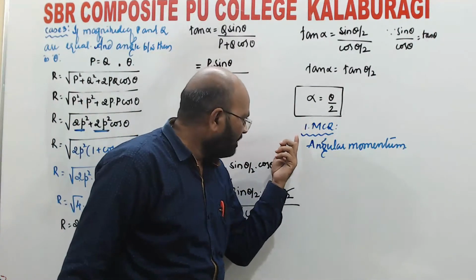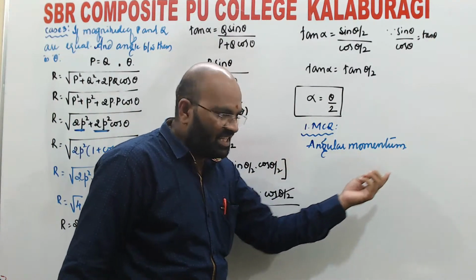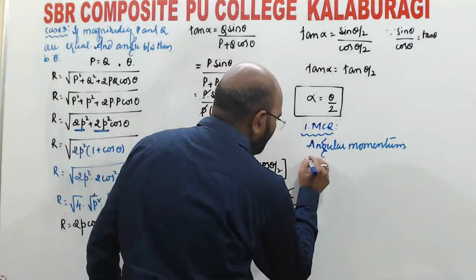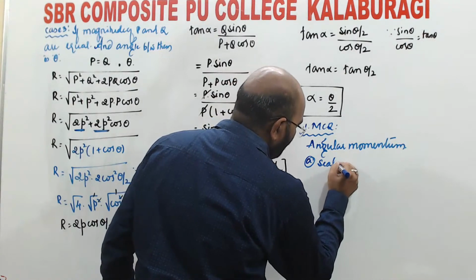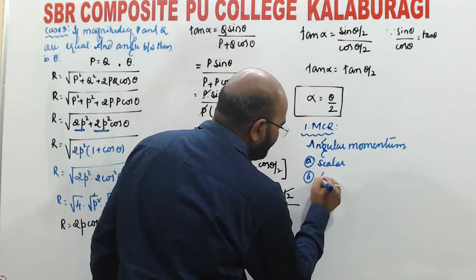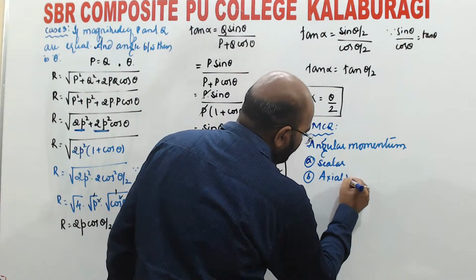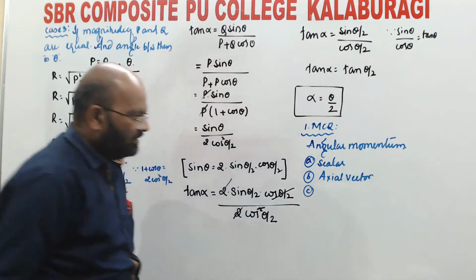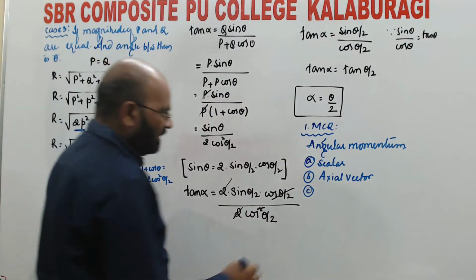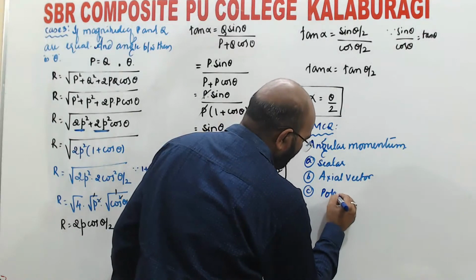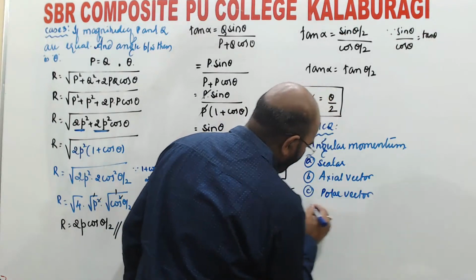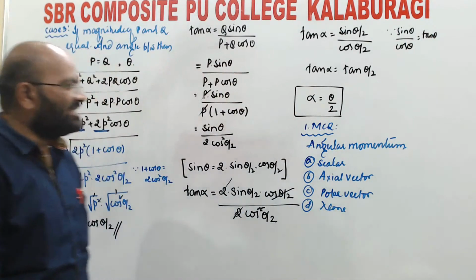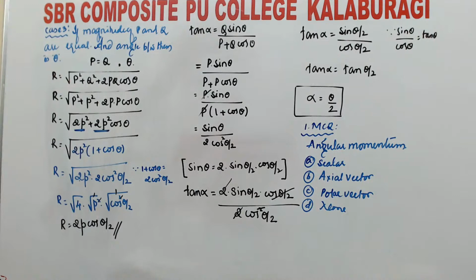So first question: angular momentum is, option number 1, scalar. Number 2, axial vector. Number 3, the third option, polar vector. And number 4 is none. Now we choose which is exactly the right answer for this first MCQ.